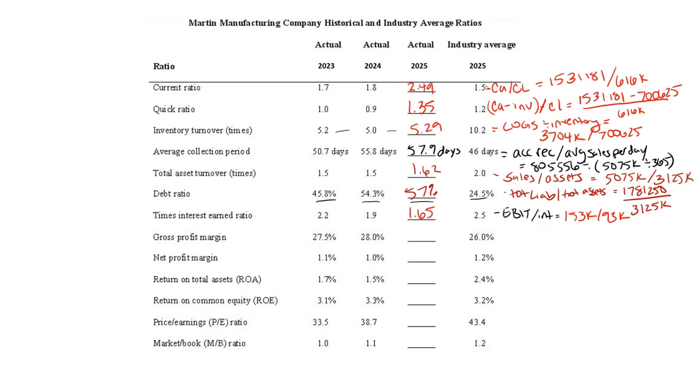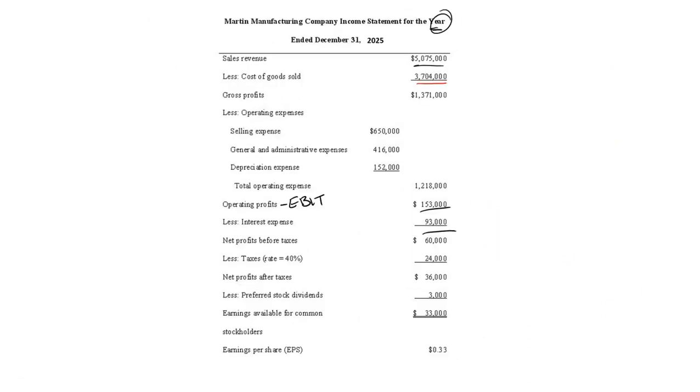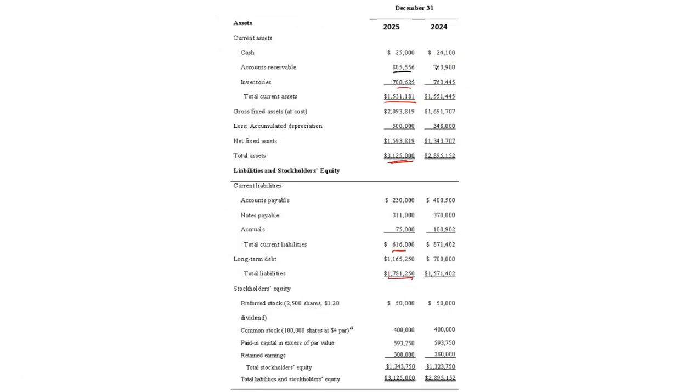Gross profit margin is a measure of profitability. It's calculated as sales minus cost of goods sold divided by sales. So if we look at our income statement, we see that sales is $5,075,000 and cost of goods sold is $3,704,000.